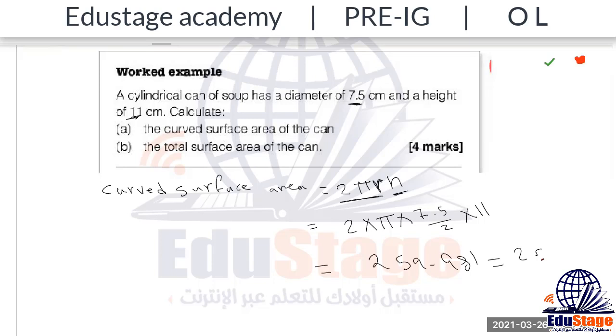It is 259.181. So you need to calculate it, or you need to round it. 259.181 rounded to 3 significant figures will be 259.